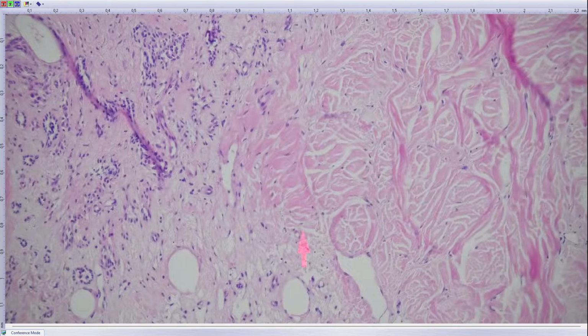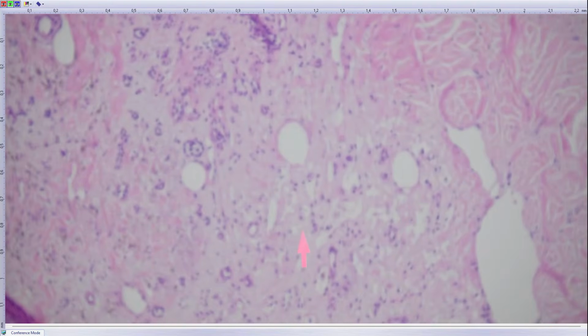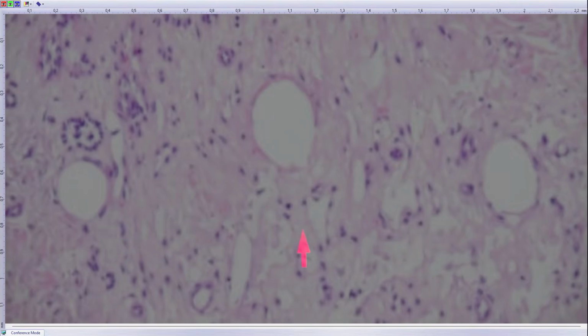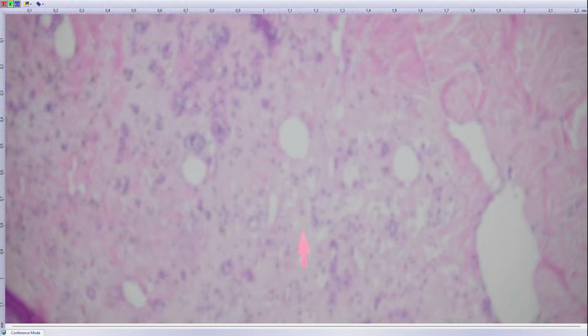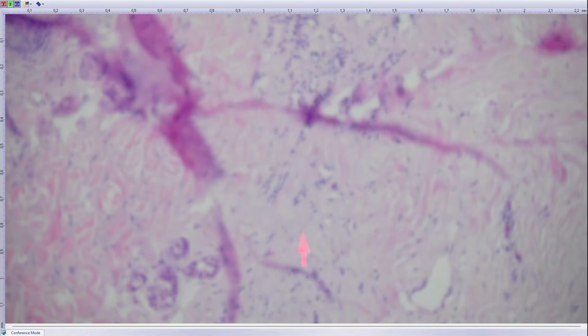Do you see in the HE slide here elastosis of the dermis, deeper in the dermis? So I did elastica staining.